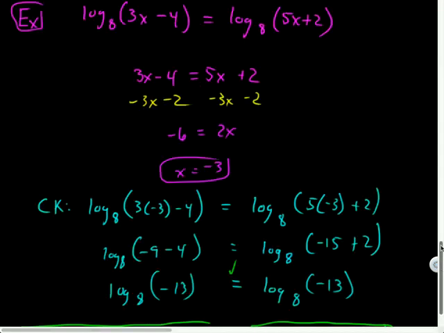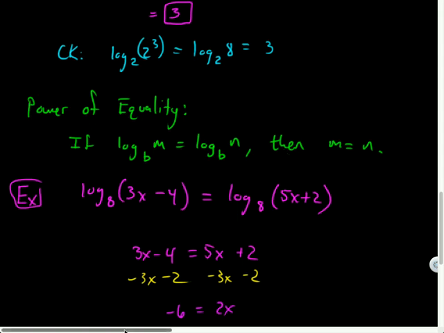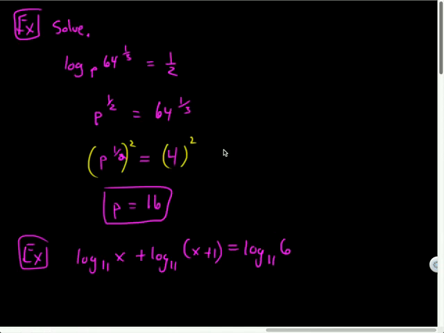If I can get this to be one log equal to another log, I can just drop the logs from both sides and equate their insides. So that's my general approach: write each side as a single log.